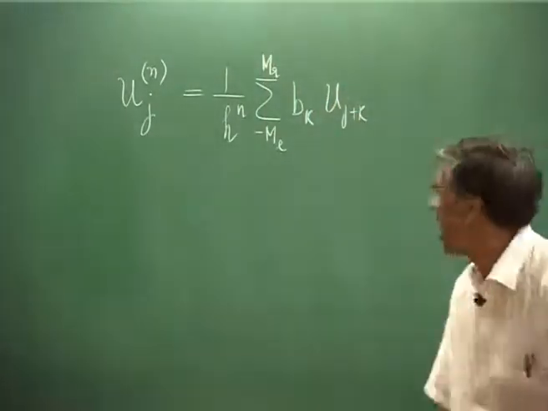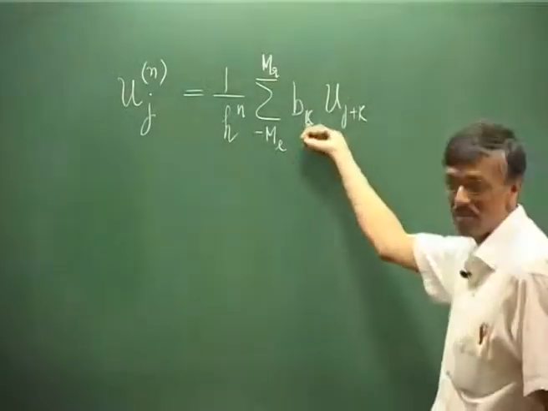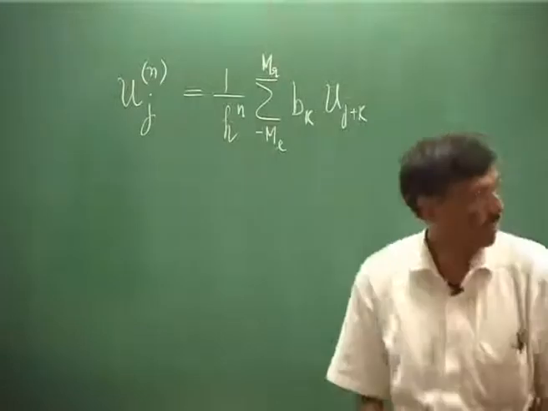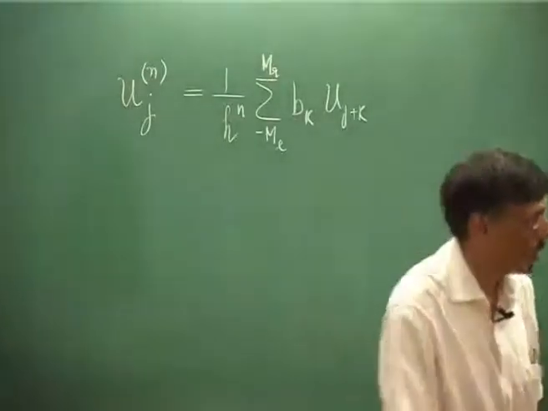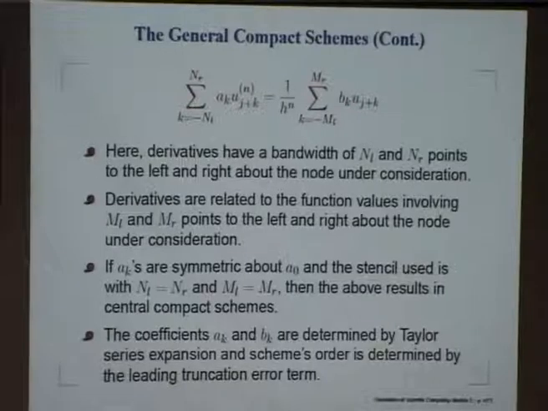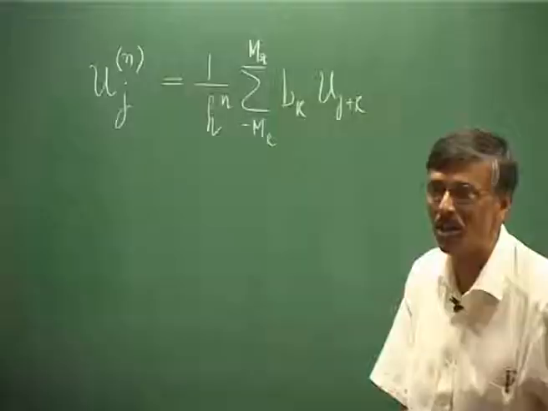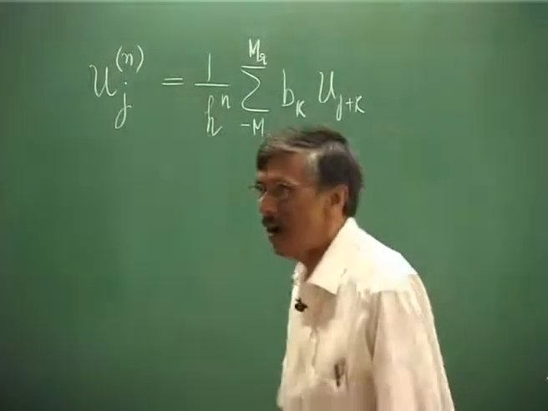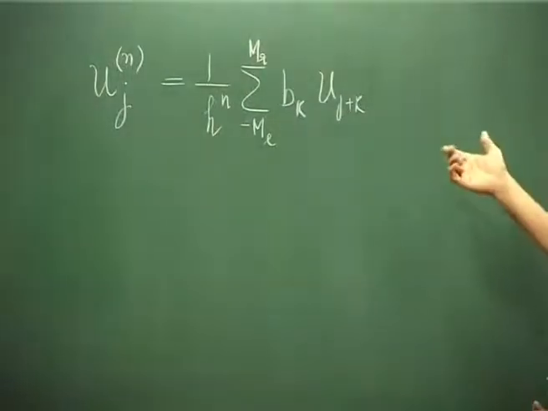We also notice that if this stencil on the right hand side has this kind of a property, what we are talking about here in terms of AK, but suppose if I write here, if the BKs are symmetric, if this quantity is symmetric, then what do we get? We will get a symmetric stencil, right?